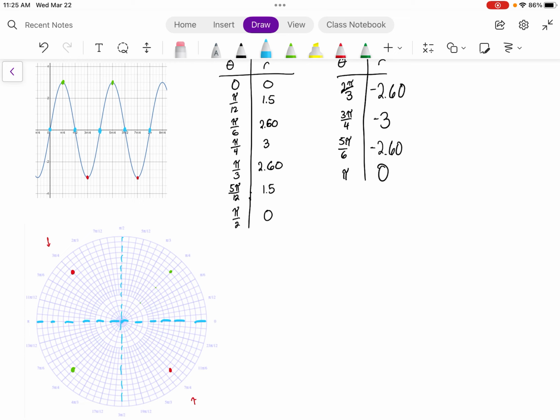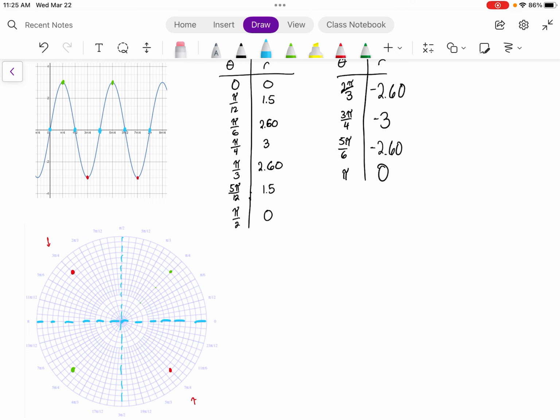My other ones are actually already drawn, because we drew them at pi, 0, 3 pi over 2, and 2 pi. We don't really care about 2 pi because we care about 0. But here are some lines that are going to guide us.